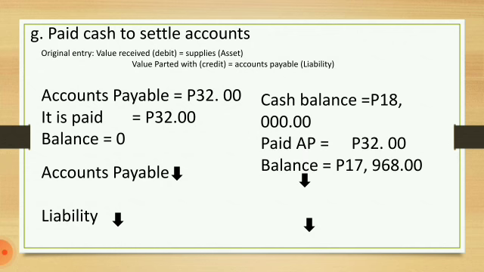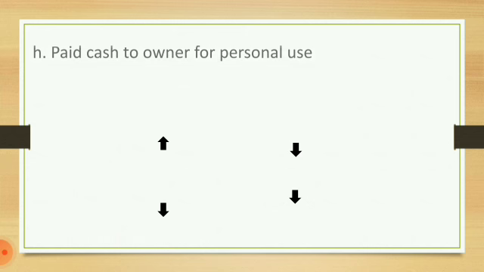It is your cash, of course. So from the cash balance of 18,000 and you paid your accounts payable of 32 pesos, you now have a balance of 17,968 pesos. Obviously, your cash decreased. Also, your asset is decreased.